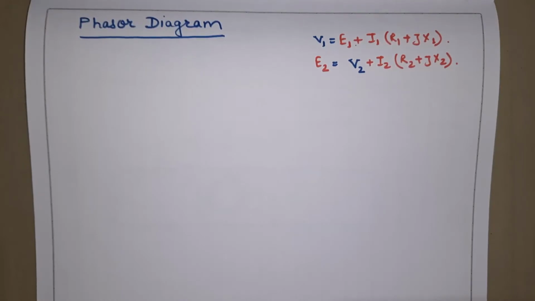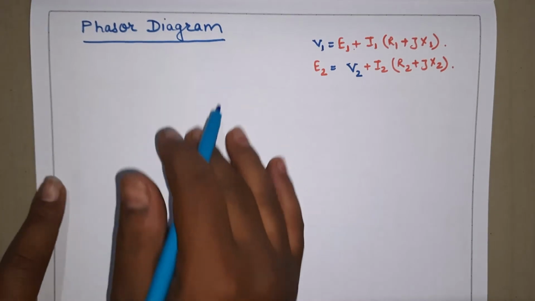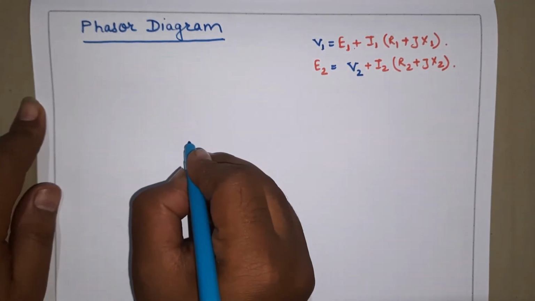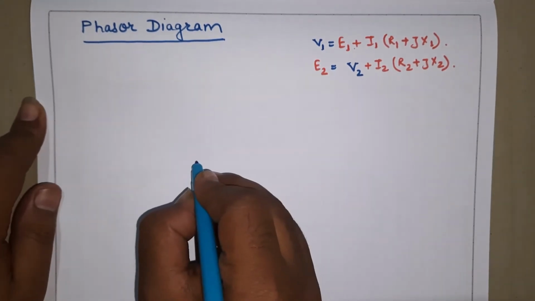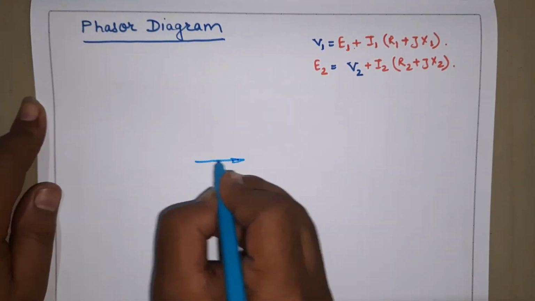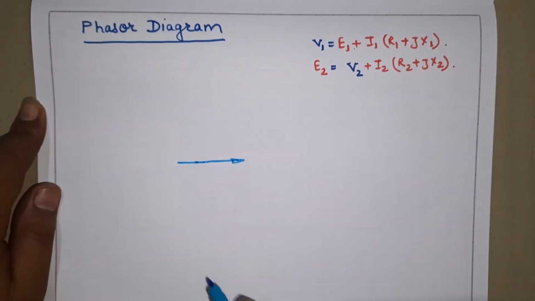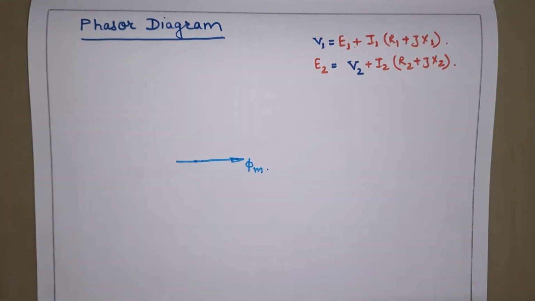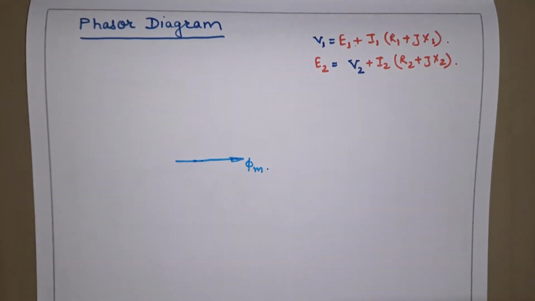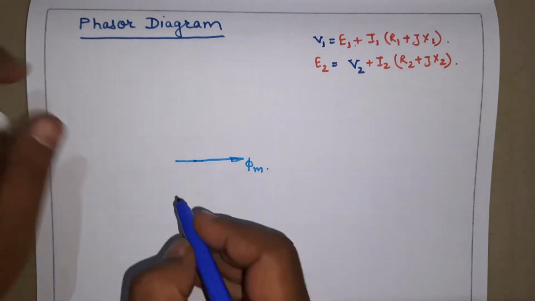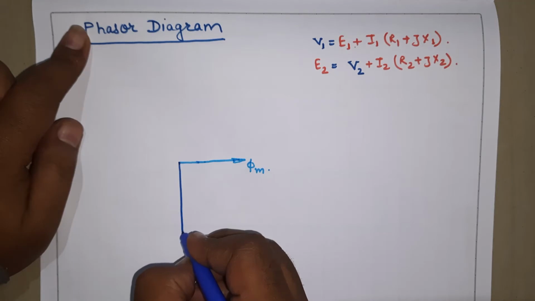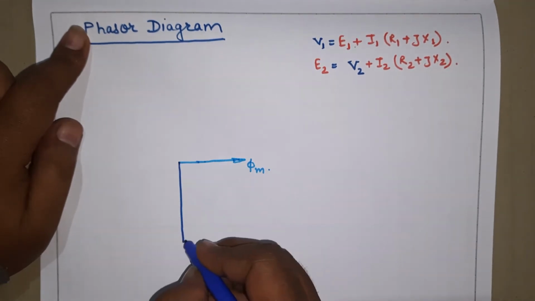So in this step we will start drawing the phasor diagram. So this is the direction of phi m, and the direction of E2 will be 90 degrees lagging from phi m, that is in this direction E2.